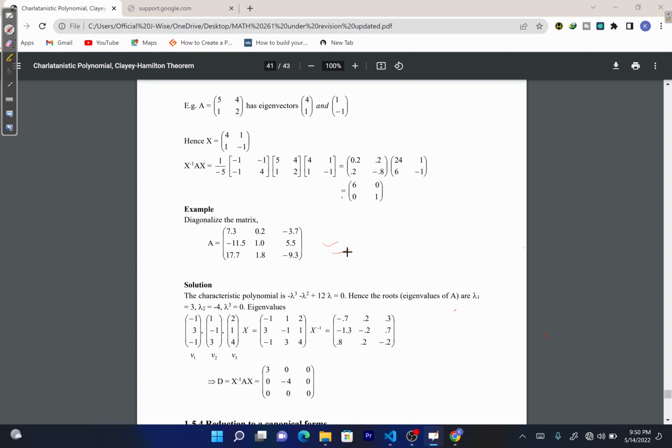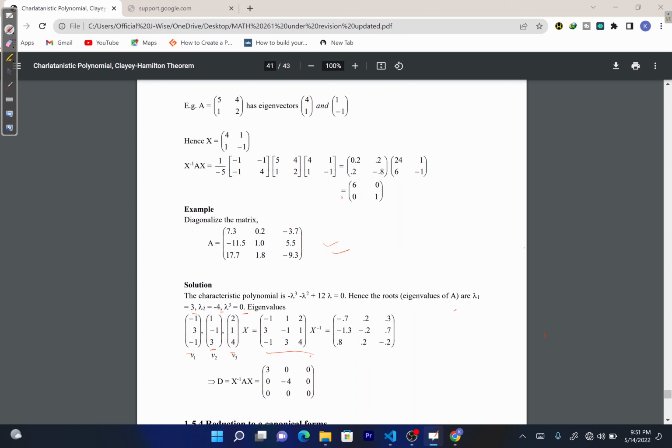So you find your eigenvalues from this matrix A, and you continue to find the corresponding eigenvectors of matrix A. Then you formulate your new matrix X such that the columns of X are the eigenvectors of matrix A. So we have the eigenvalues, then here are the corresponding eigenvectors. So you generate your matrix X, and the columns are the eigenvectors.